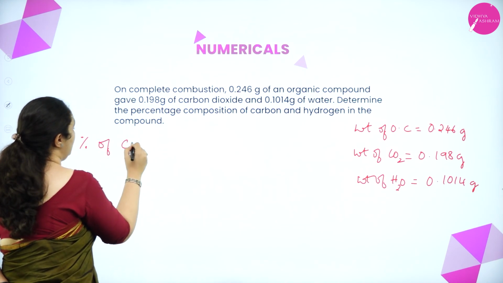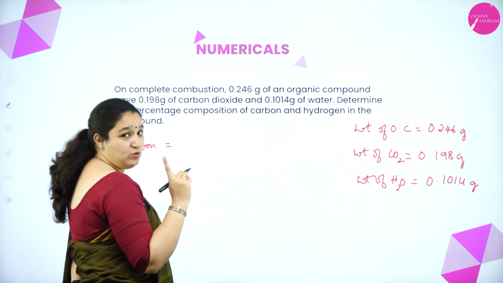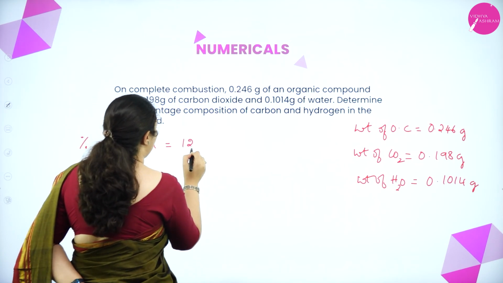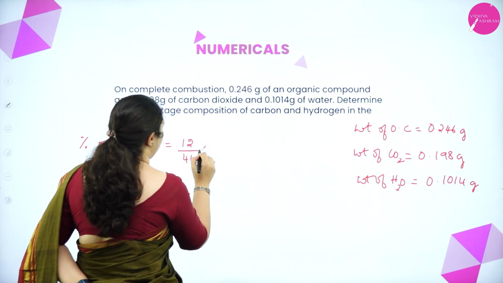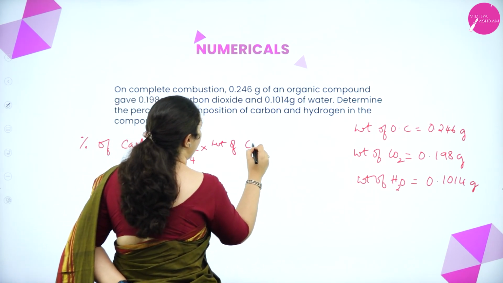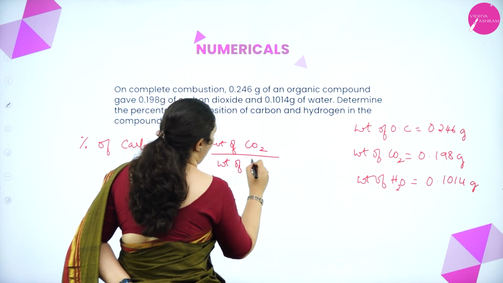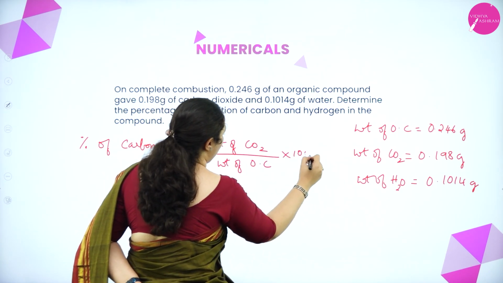Now I have to use the formula. Percentage of carbon is equal to 12 by 44 into weight of carbon dioxide by weight of organic compound into 100.